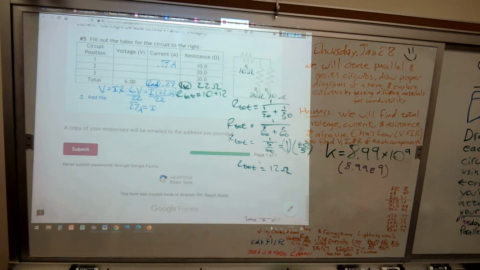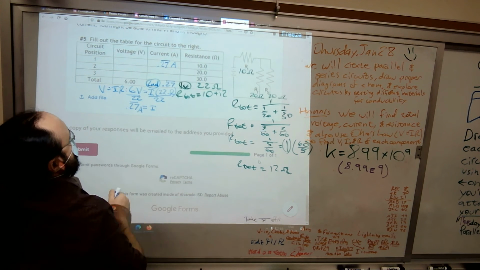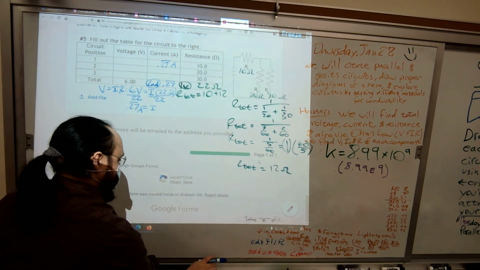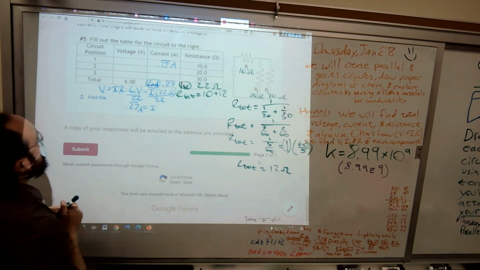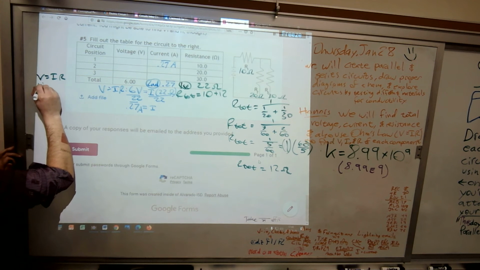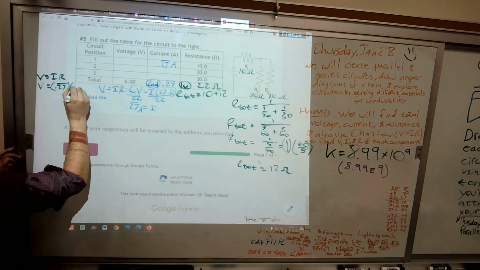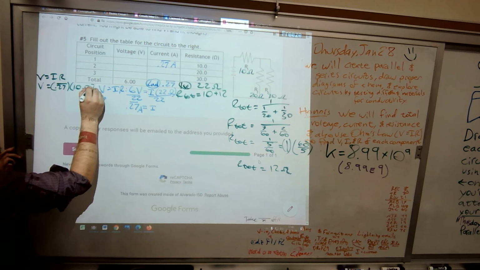Well, the next step I can do is do this one with V equals IR, 0.27 times 10. So let's do that over here. Using V equals IR again, looking for V. I is 0.27, and R is 10 ohms.